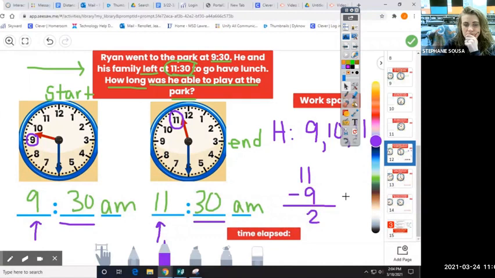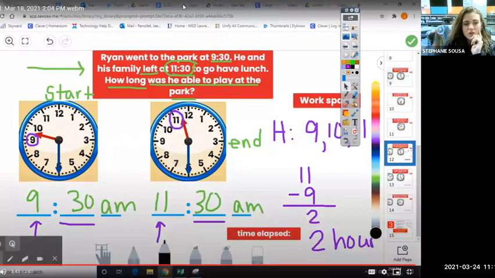This is a strategy that can help you as you try to find the time that has passed or elapsed. How long was he able to play at the park? Ryan played for 2 hours at the park.